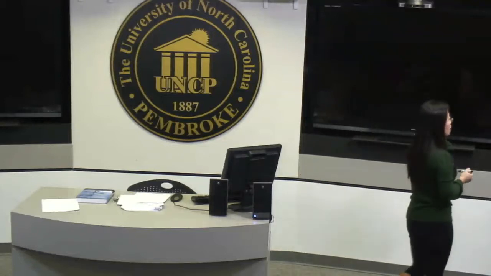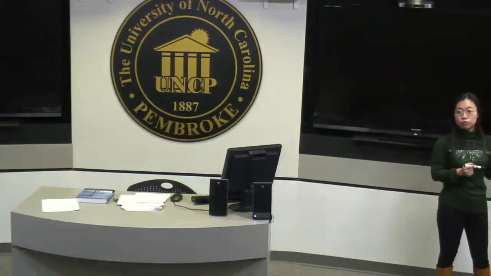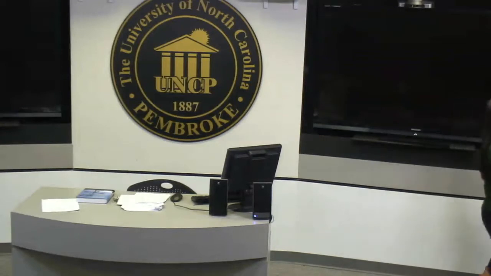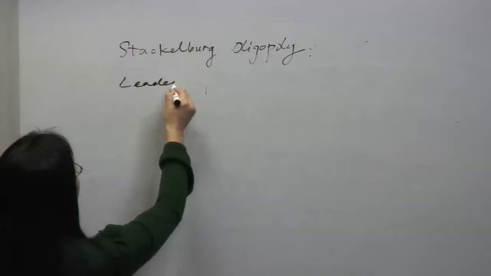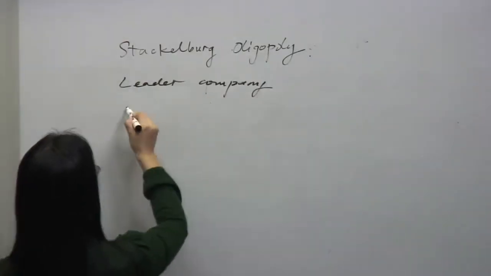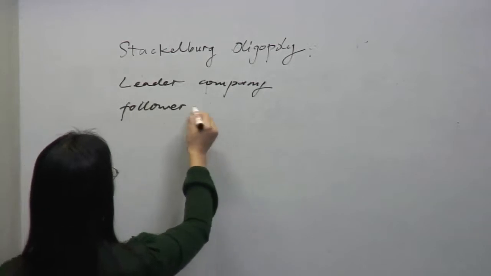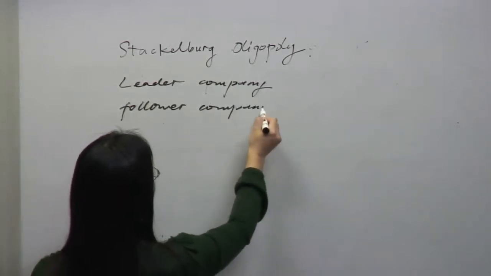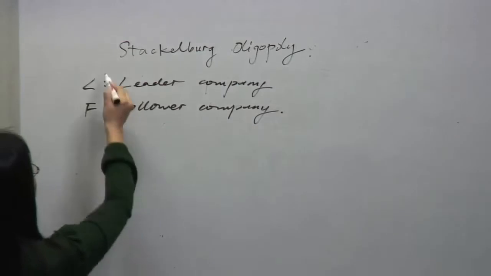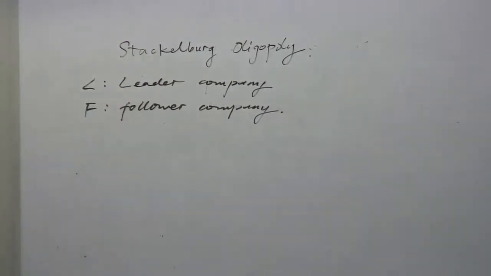We're going to start with a very simple framework, just one leader and one follower. Two companies: a leader company and a follower company. I will just use L to represent the leader and F to represent the follower.